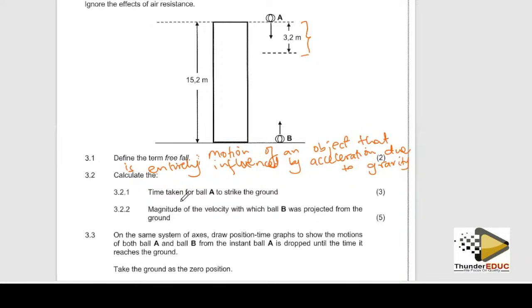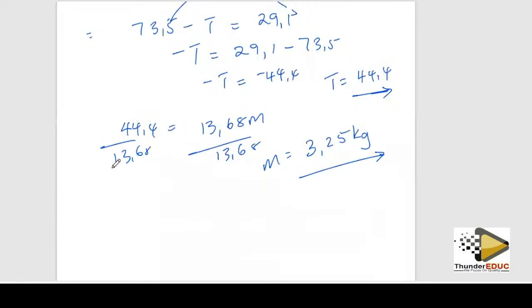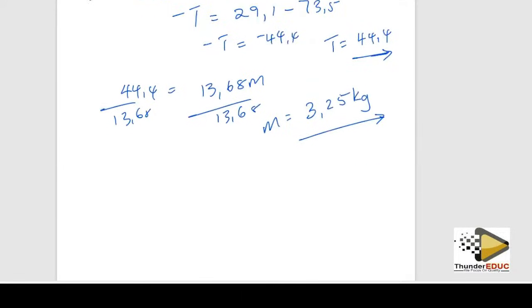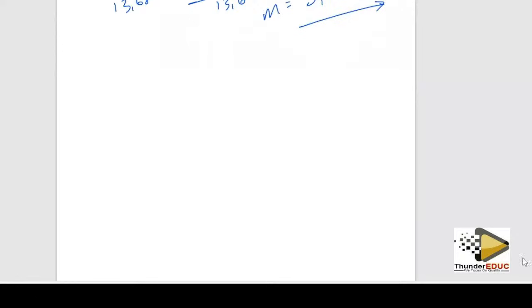Okay. Then they're asking us to determine the time that it takes for ball A to strike the ground. So when we look at ball A, what do we know about ball A? Okay, this is 3.2.1. So for ball A, we know that the initial velocity is 0.